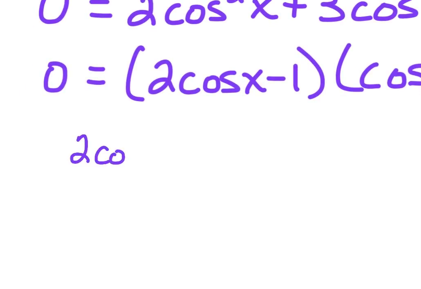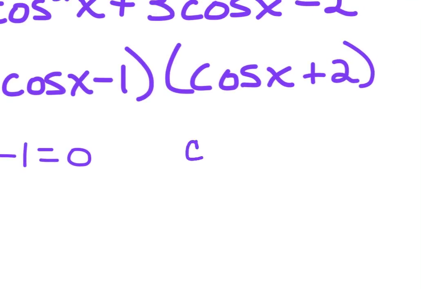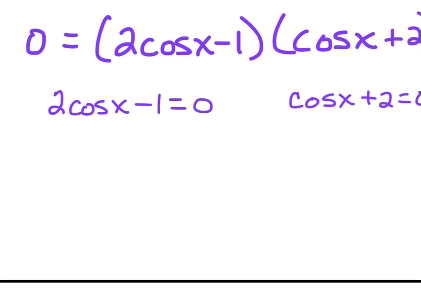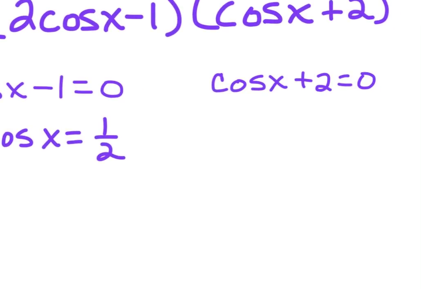So 2 cos of x minus 1 equals 0, and cos of x plus 2 equals 0. So in this case, cosine of x is going to equal positive 1/2, and in this case, cosine of x will equal negative 2.